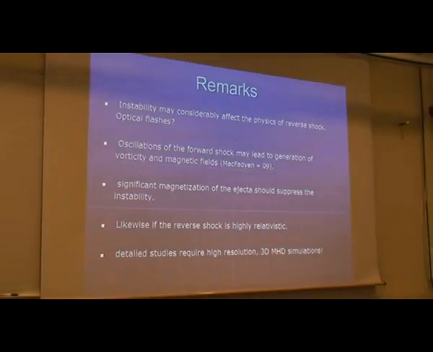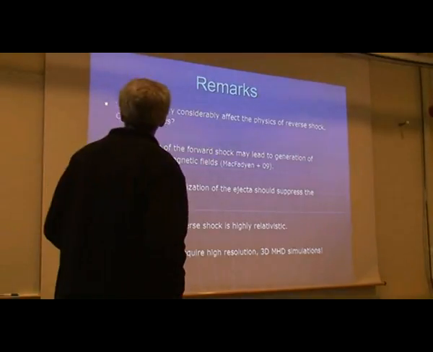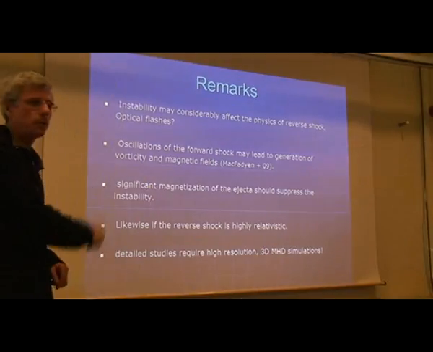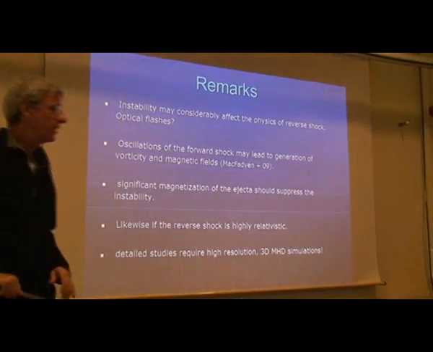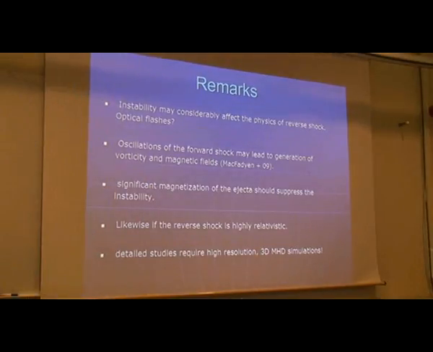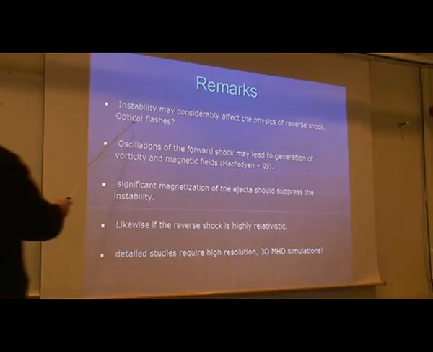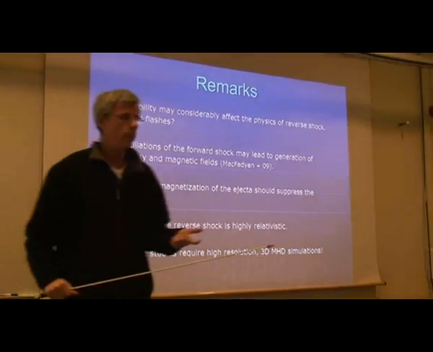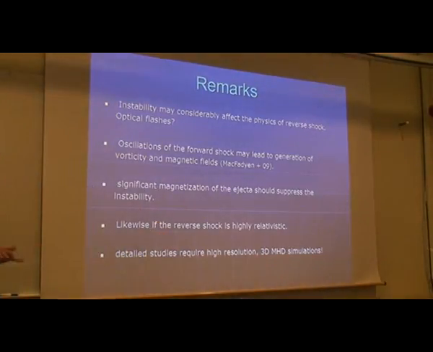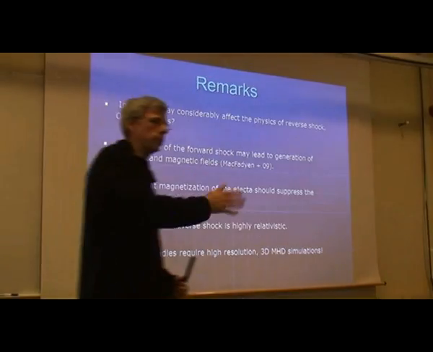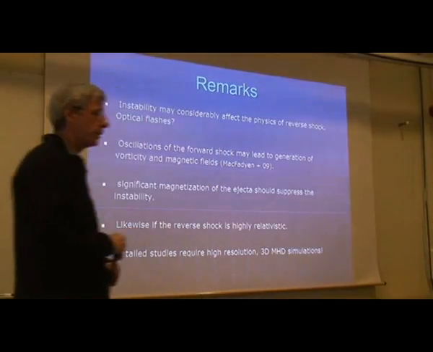Okay, that was Andres. So that's the final slide, remarks. Actually, all of these remarks were made by Ellie during the talk, so we already discussed those. One thing: if the ejecta is magnetized sufficiently, if the alpha number is more than 0.1, it is stable, so all these magnetic models are completely irrelevant to those.